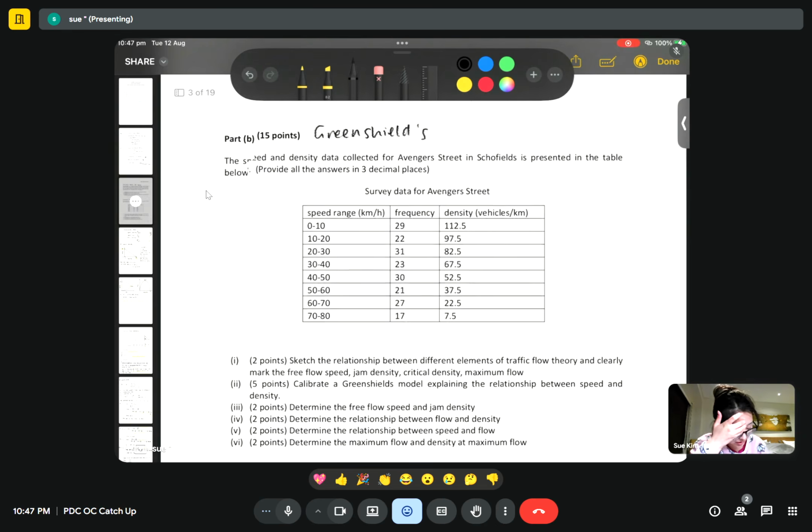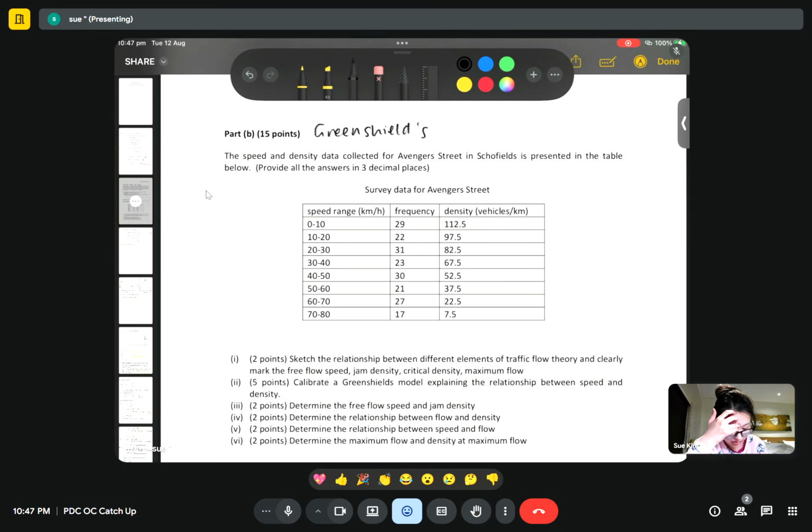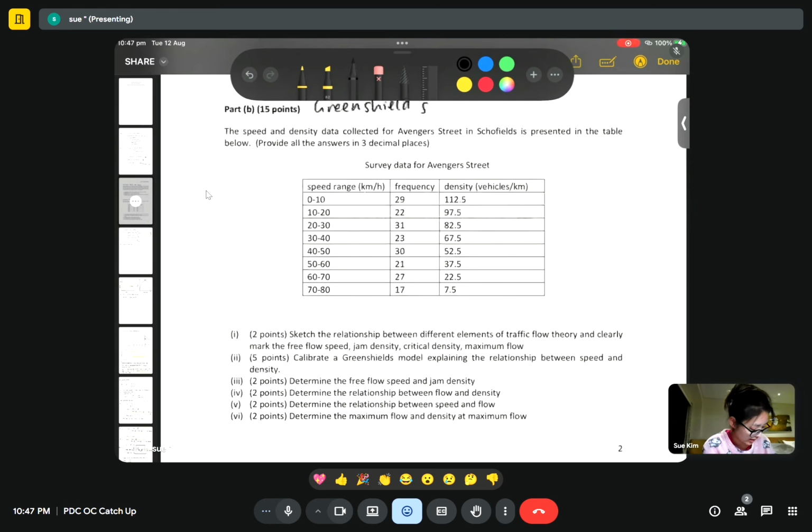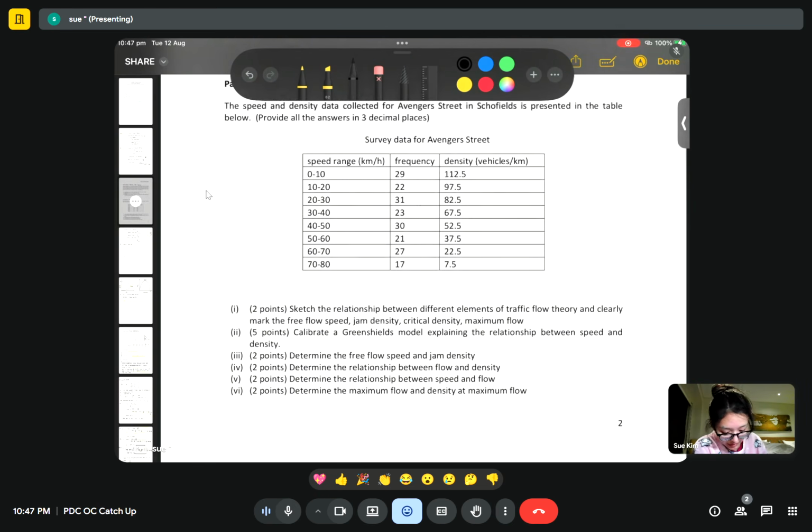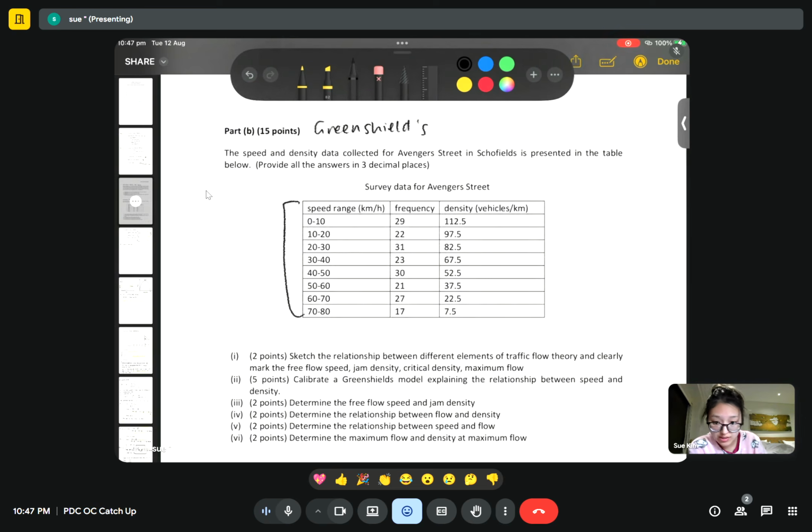So I'll start with the Green-Shields equation questions. It says the speed and density data was collected like this, but with this specific data set, they gave us a speed range like this, right? So we don't have a specific speed for these frequencies.